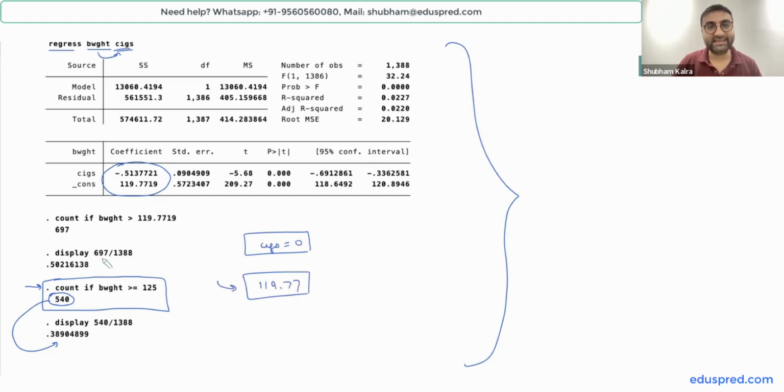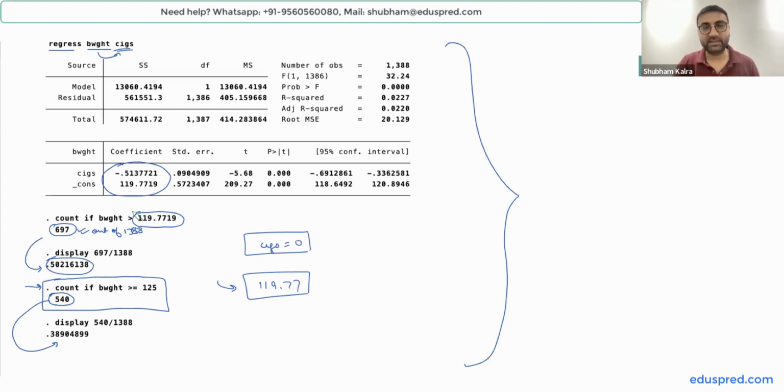You can see that in your data, almost 50% of the observations, 697 out of 1388, had a value greater than the maximum value of birth weight that your model has predicted, right? What does this signify? This signifies that your model is not a good fit. I hope you're getting this argument.